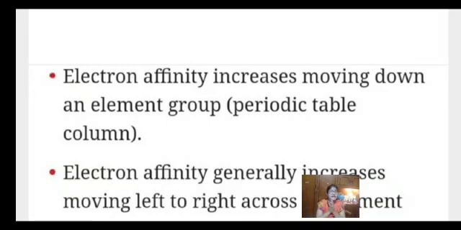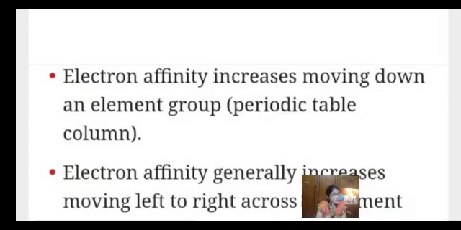Third one is the effective nuclear charge. What does it mean by saying effective nuclear charge? Effective nuclear charge is represented by Z effective, Z subscript EFF. And the calculation is somewhat like this: Z effective is equal to the actual nuclear charge, Z actual, minus S, that is shielding.